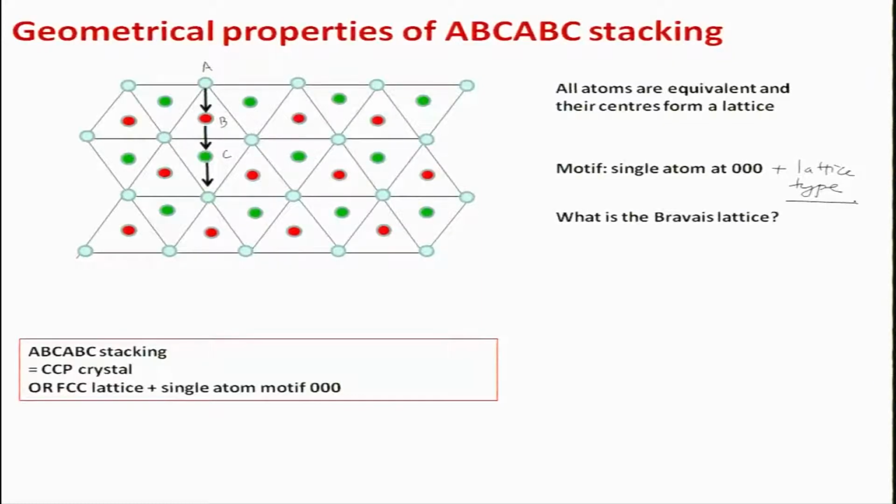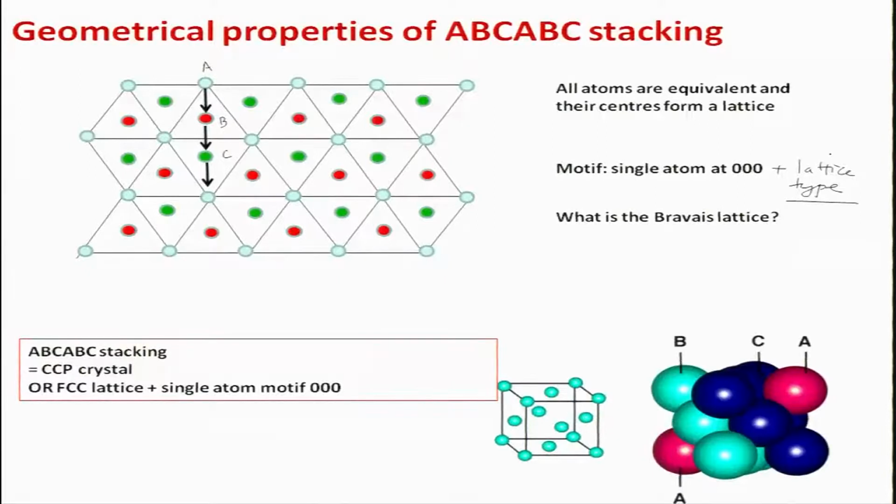Okay. Without that it is incomplete. So, the structure which will look like is in the ABC packing, it is called as cubic close packed crystal or a FCC lattice with single atom motif at 0, 0, 0. So, this is the answer here.